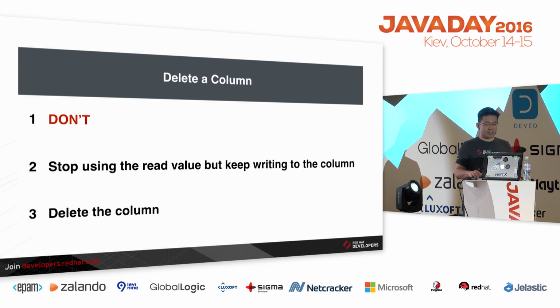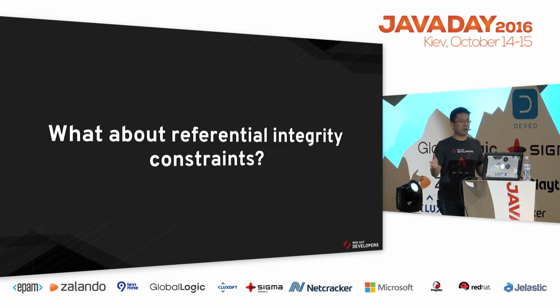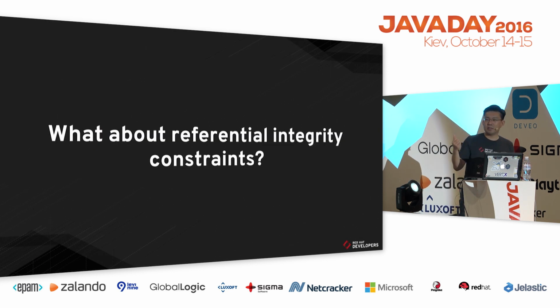And the next question is, okay, columns are easy, but what about my referential integrity constraints? If you think about referential integrity constraints, it's just that one of these columns must reference the data from the other column. But thinking about your domain model, referential integrity constraints are not necessary.